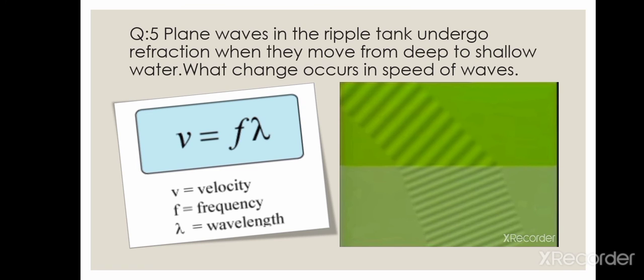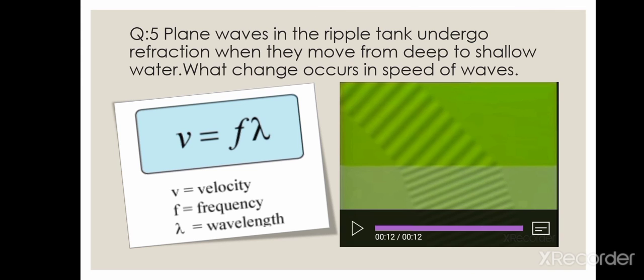The frequency of waves depends upon that vibrator and it is constant because it is just making disturbance in one part according to the oscillations of the vibrator. So frequency is constant in this equation in this case, and then you have to tell what is the relationship between velocity and wavelength and what will be the change in the speed of waves.